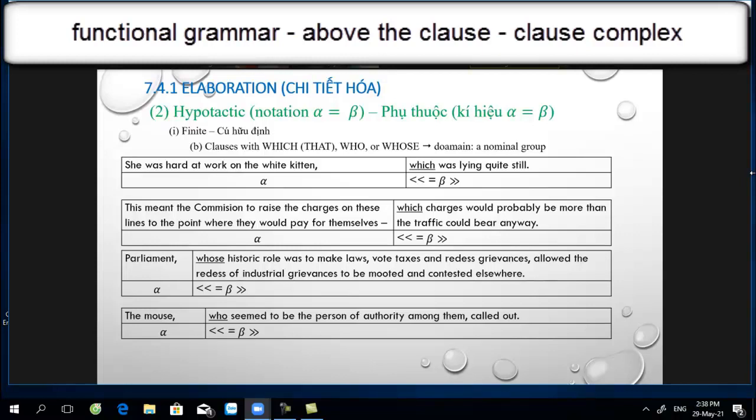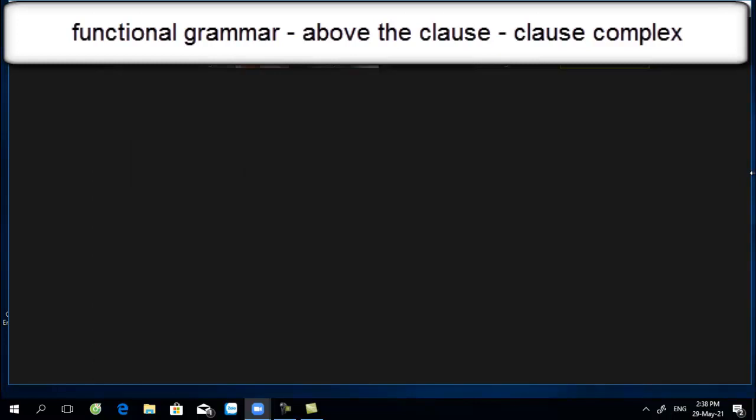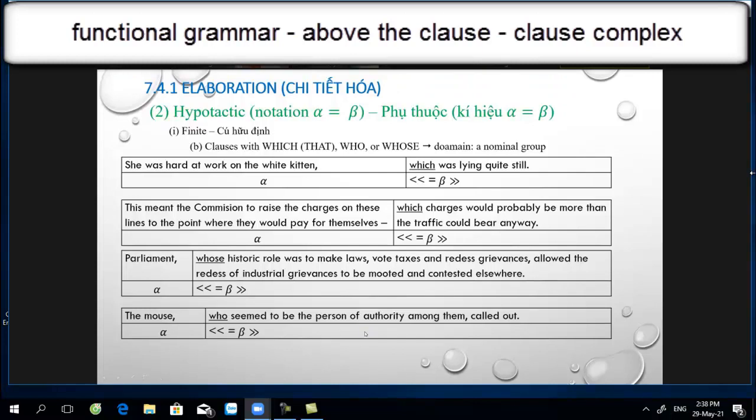Is Miss Tố here? I'm here, but what is the question, please? Okay, so what is who modify for in the last example? The mouse. Okay, the mouse. Thank you.